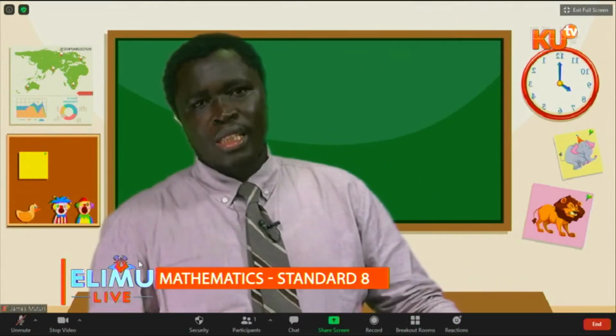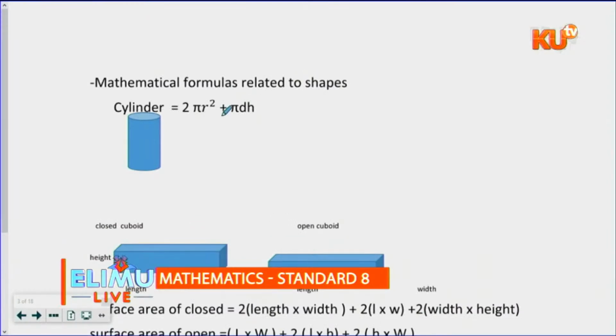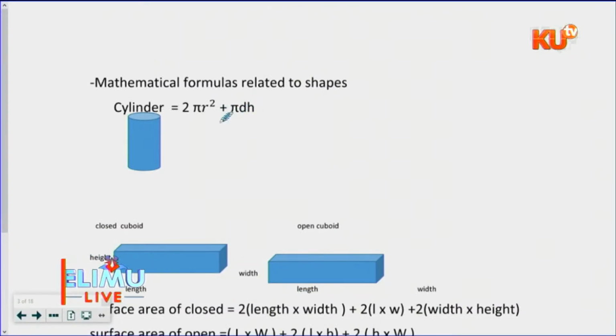So in this case, we take pi d and multiply by h, our height. Circumference is the distance all round a circular figure, and its formula is pi d.